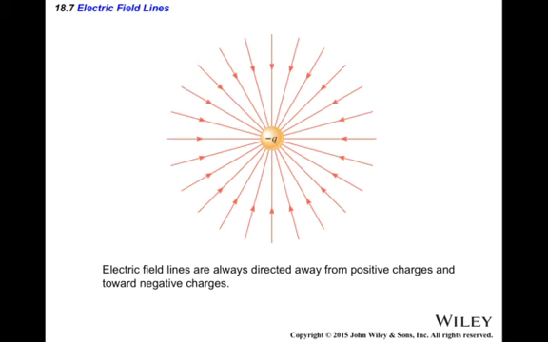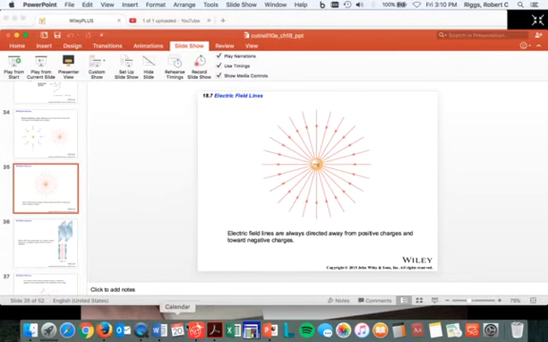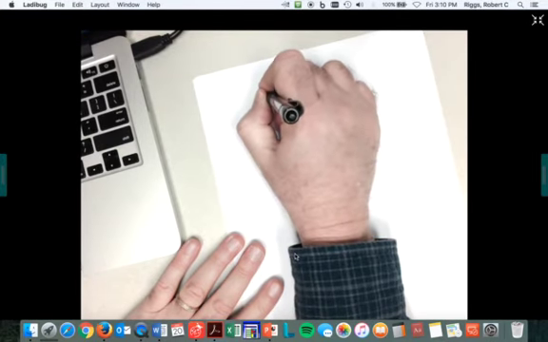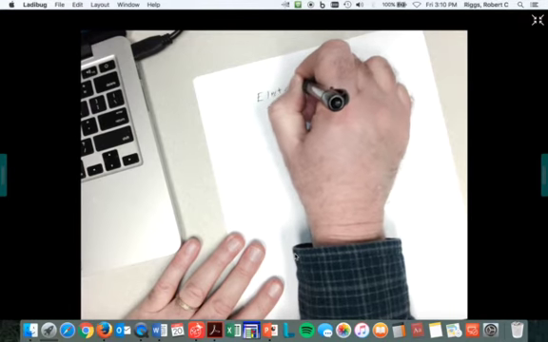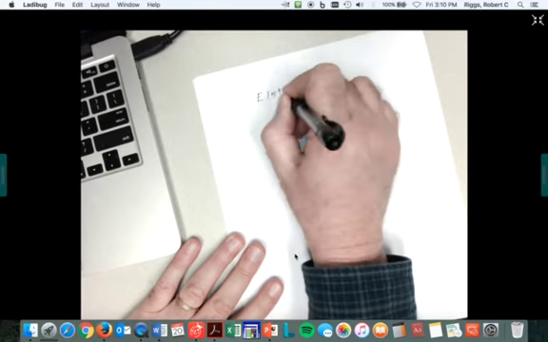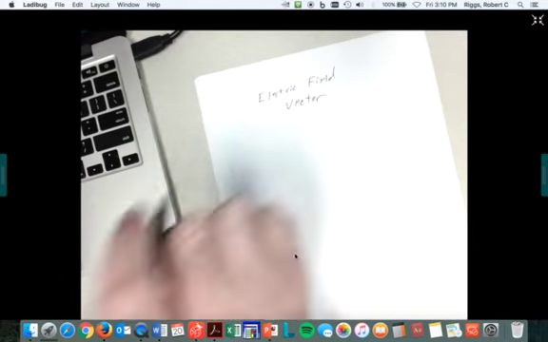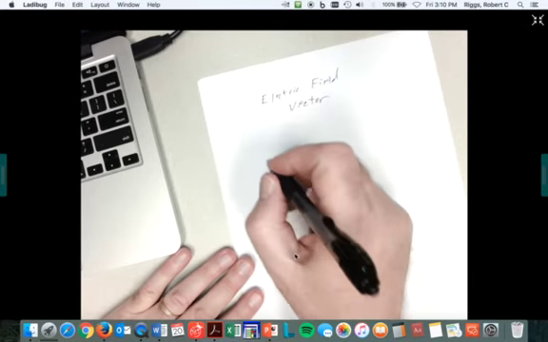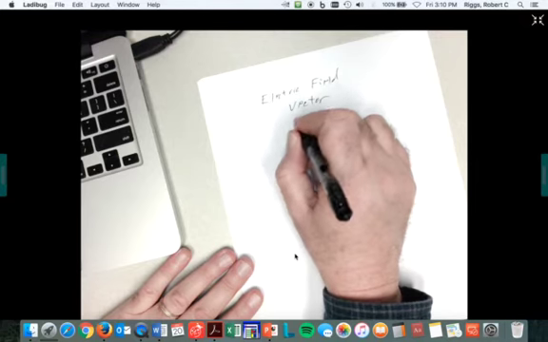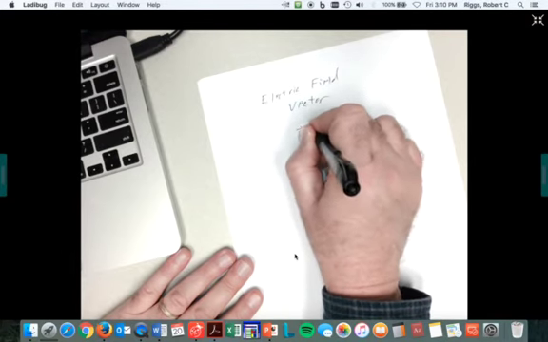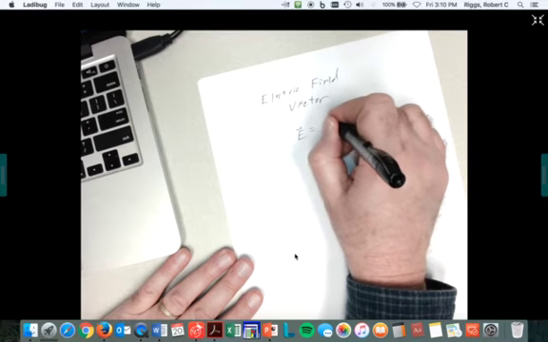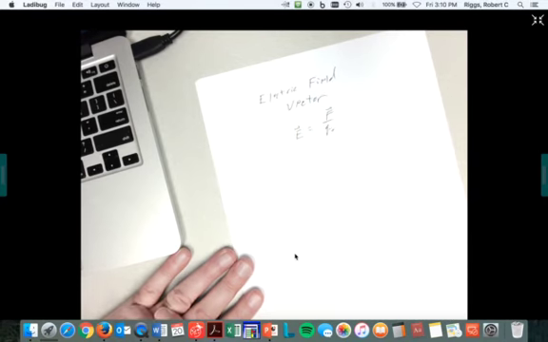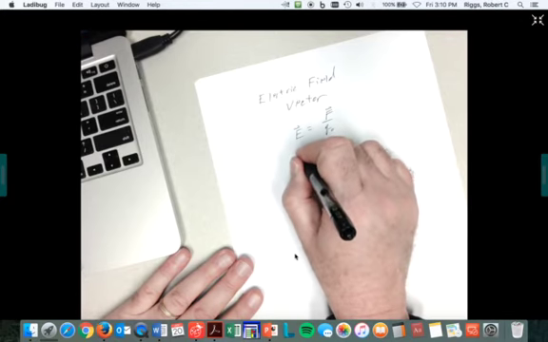All right, so I wanted to write down 2 more equations for you. This is for the electric field. And remember, the electric field is a vector. We usually calculate the magnitudes and then draw the direction of it for our purposes. All right. First one, the electric field is equal to F over Q, the point charge, or you can also calculate the force.